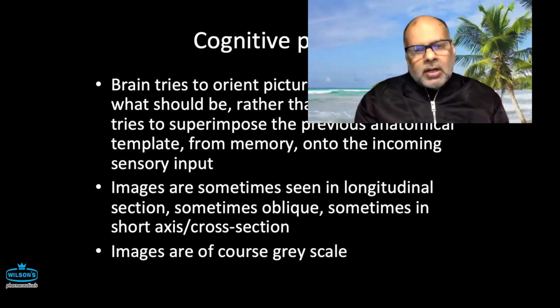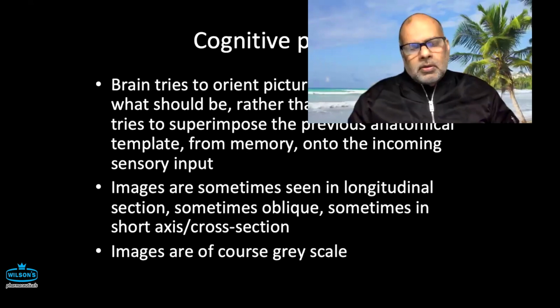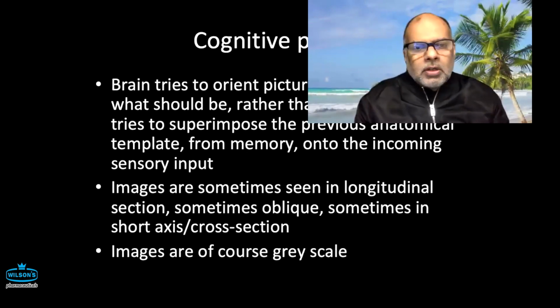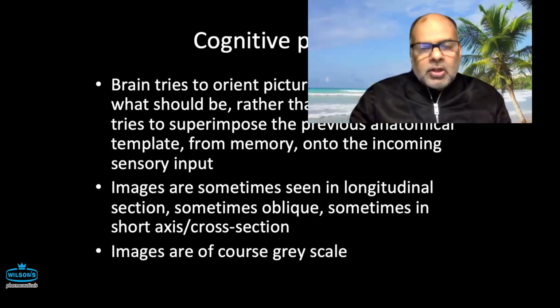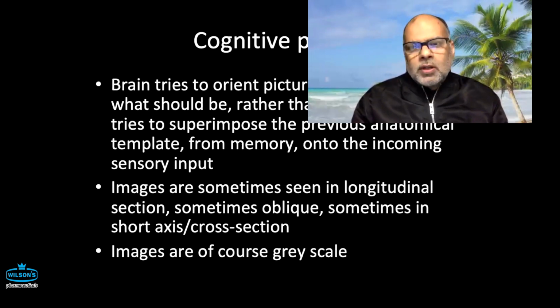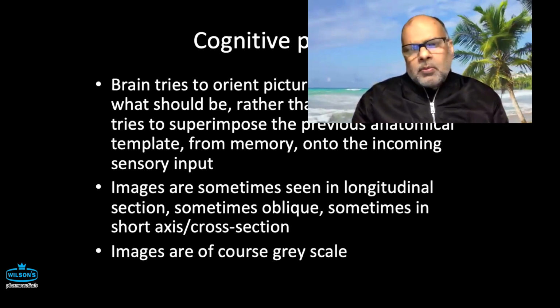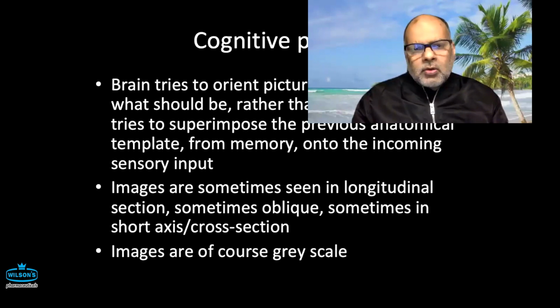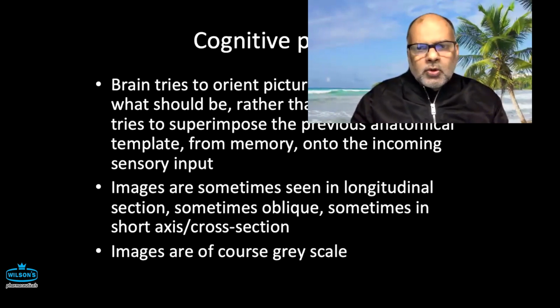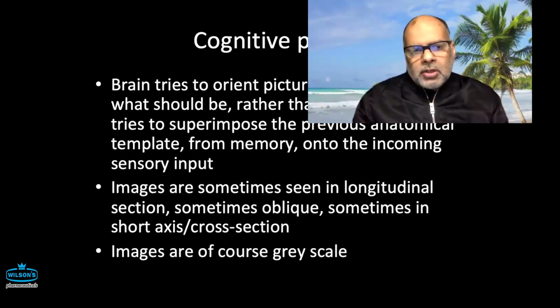But while you're trying to learn it, or doing clinical work, you need to be cognizant initially. So don't try to orient pictures according to what you think they should be. Rather, it is important that you look at the anatomy as it is. The brain keeps trying to superimpose the anatomical template from memory onto the incoming images.